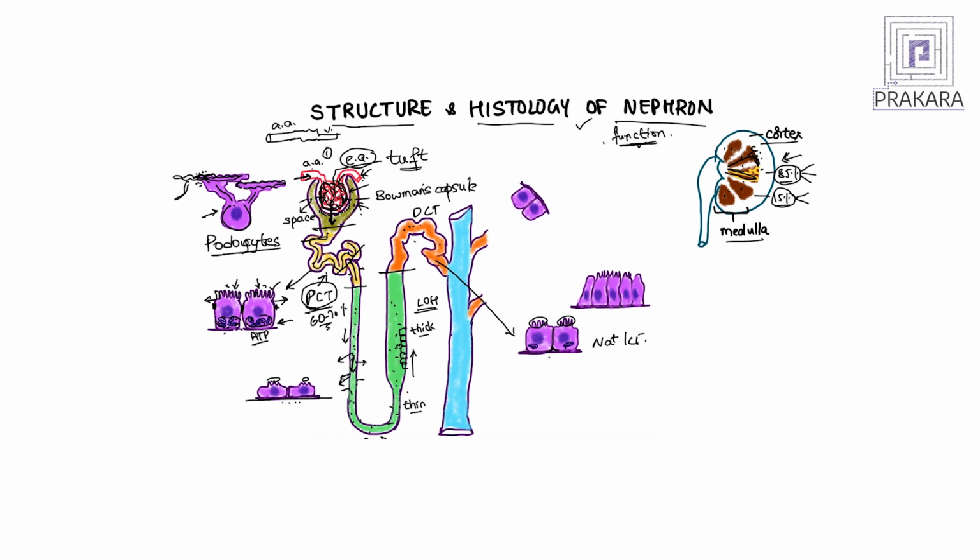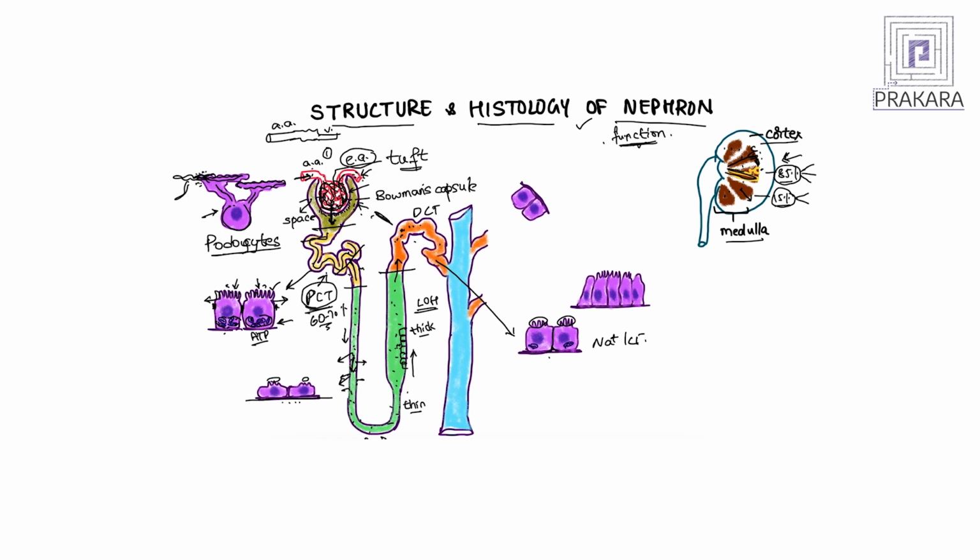Sometimes, when the ascending limb of the loop of Henle is coming into the cortex, that means from the medulla towards the cortex, the distal convoluted tubule will come in close contact with the afferent arteriole or the efferent arteriole or both.